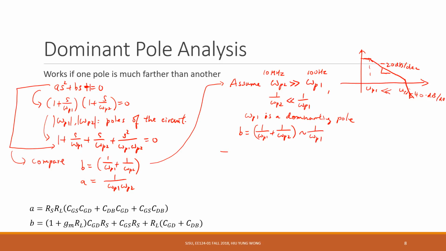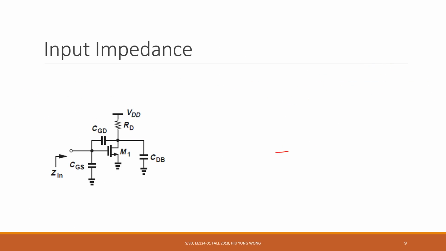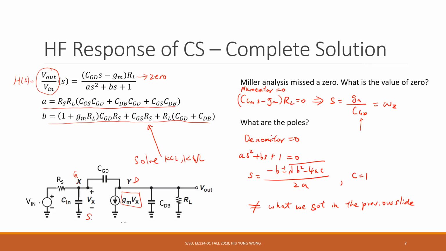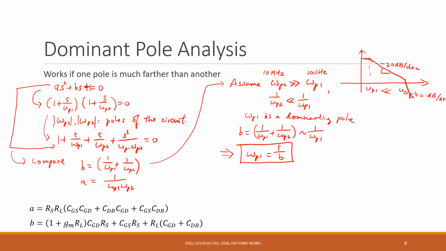So with this, then I know that omega p1 is just equal to 1 over B. Right? So this is very good. We don't have to solve these complicated quadratic equations to get omega p1. I know that if one of the poles is dominating, much smaller than the other one, then the dominating pole is 1 over B.